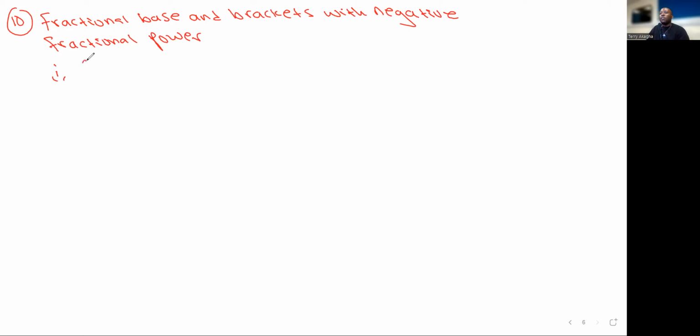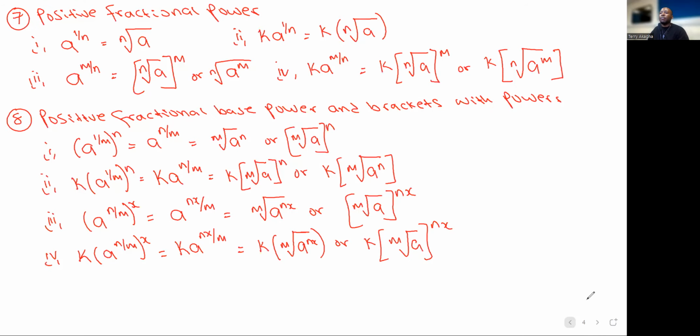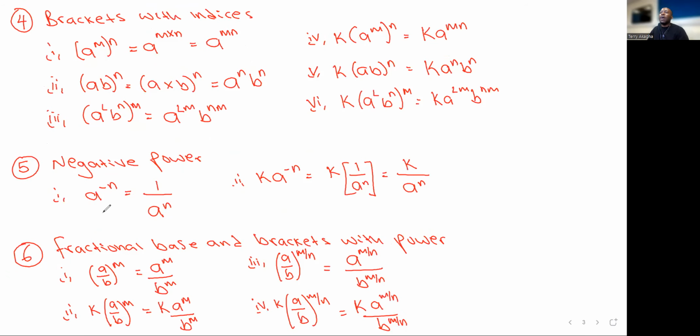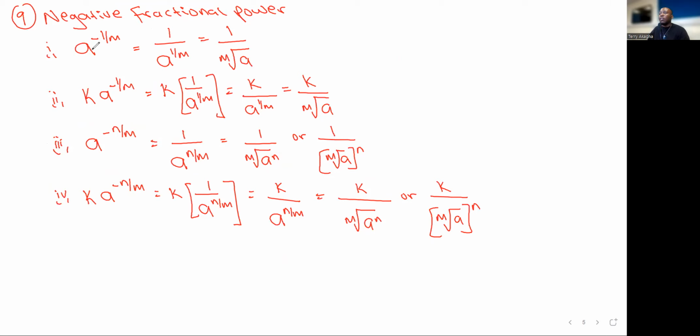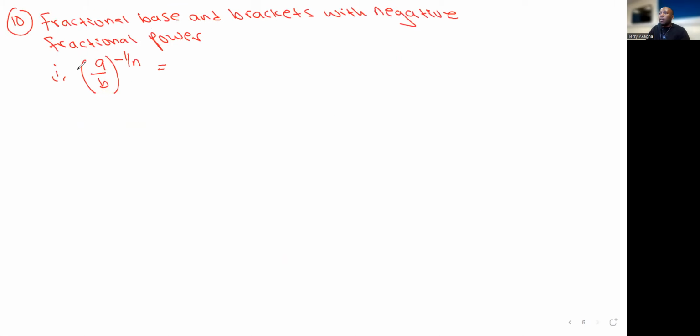So, for instance, if you have (a/b) raised to the power -1/n, in order to remove the negative, remember when I told you with negative power, you have to flip it. And the same thing, when we had a negative here, we also flipped it. But if the base is also a fraction, you also flip it.